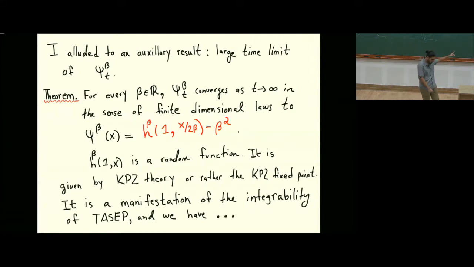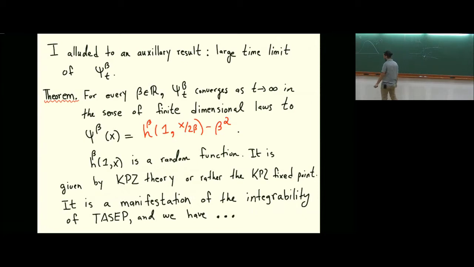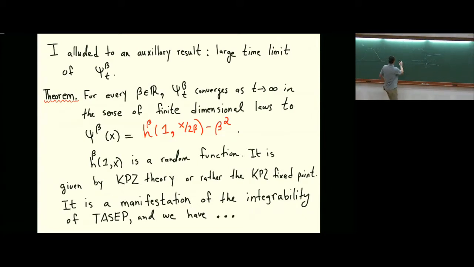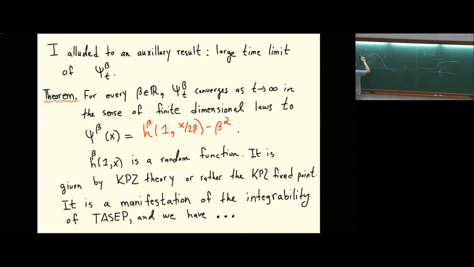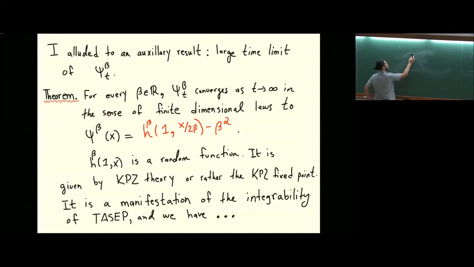And this height function h beta is precisely what appears when you look at fluctuations of growth interfaces in KPZ models. More precisely, for people who may know this stuff, imagine you have a height function h which starts like so.